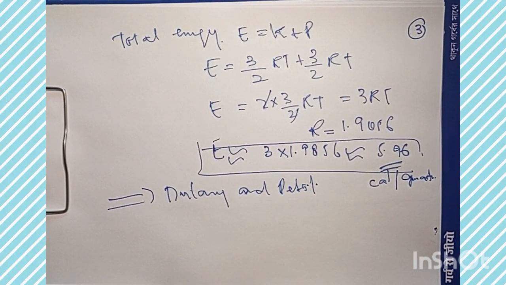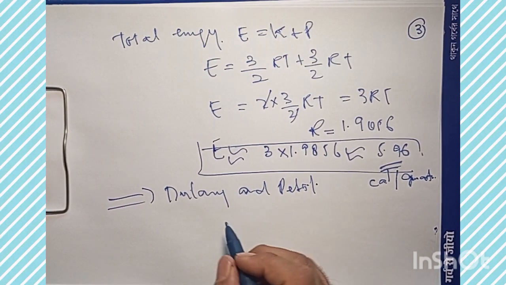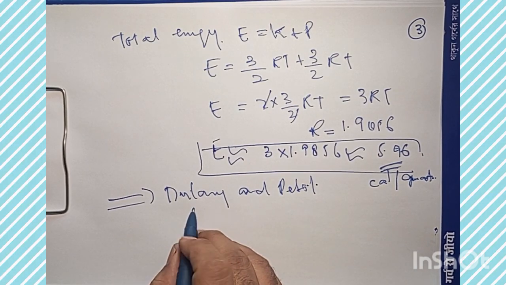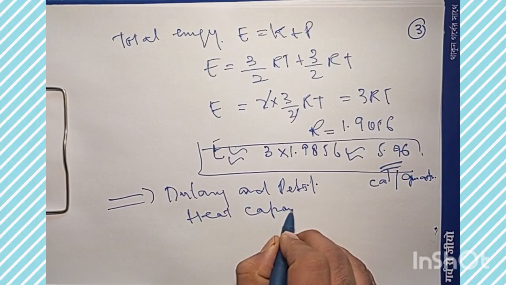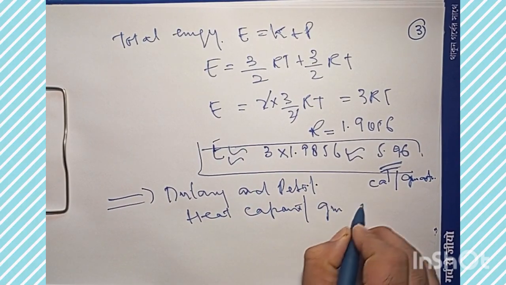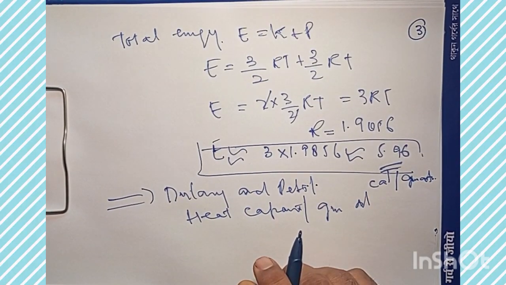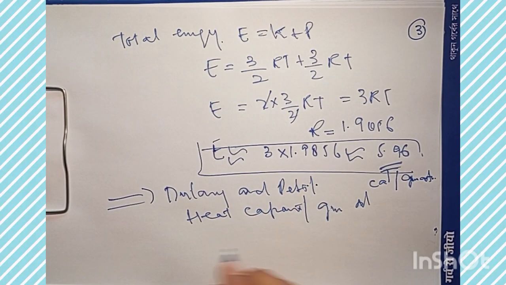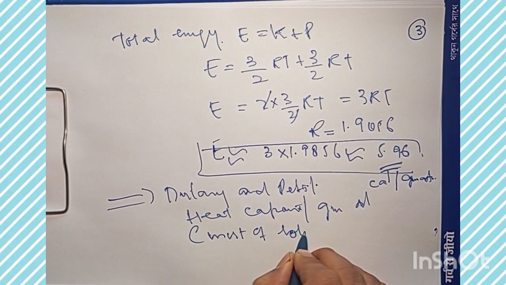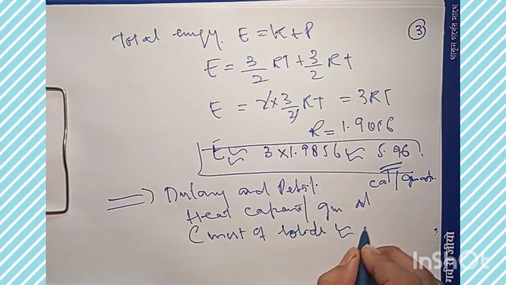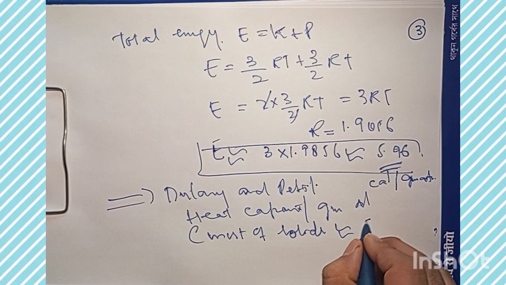And what Dulong and Petit's law states is that the heat capacity per gram atom of most of the solids is nearly equal to 6.